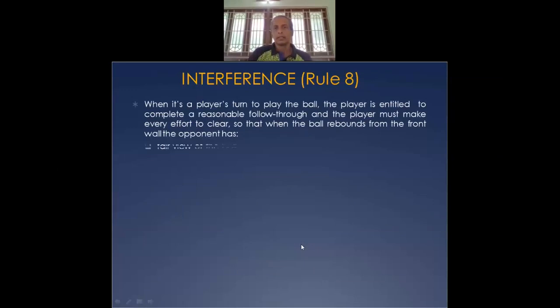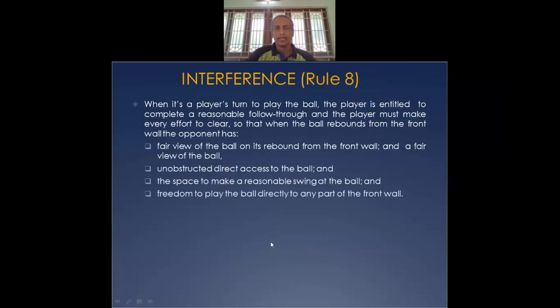Then Rule 8, which is the most important rule in squash, and which is very, very debatable and judgmental, because a lot of us have different opinions when it comes to interference. We are trying to narrow it down, and it has improved a lot, where the consensus is more now.